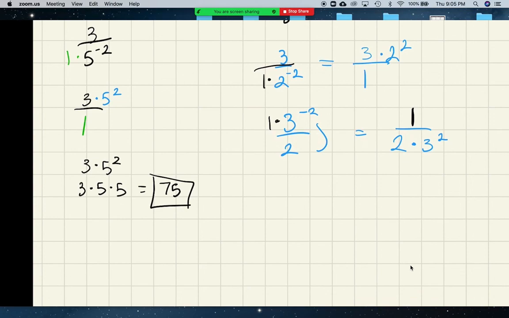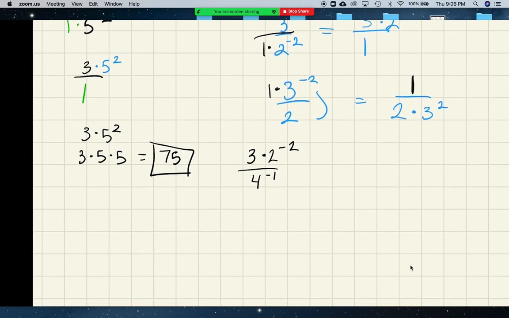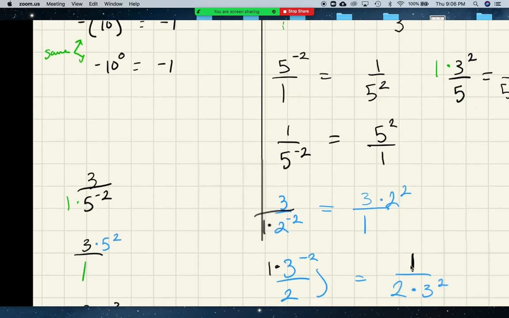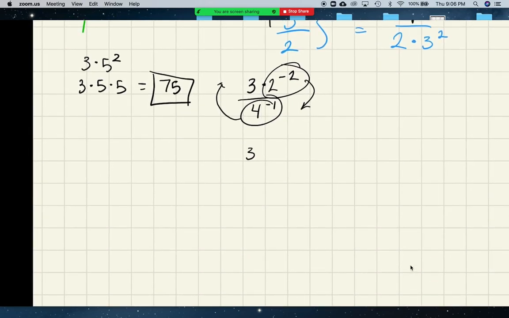Awesome. Or they might do 3 times 2 to the negative 2 over 4 to the negative 1. In which case, this stuff would move to the bottom, this stuff would move to the top, the 3 would stay, so 3, and then 4 to the positive 1, which just means 4, because that's moving to the top.